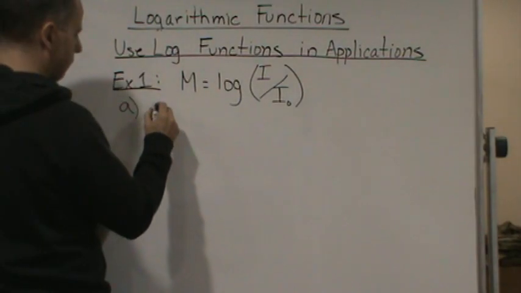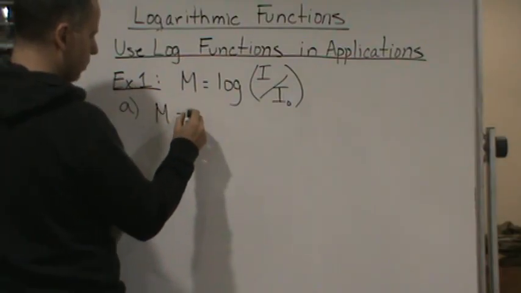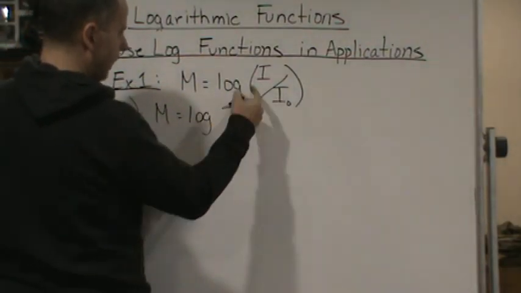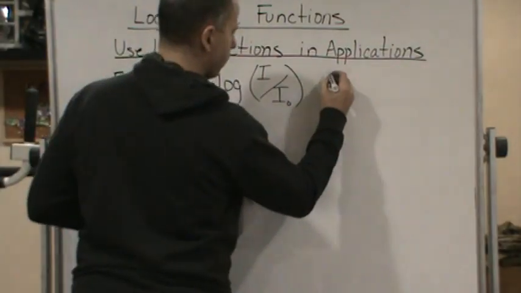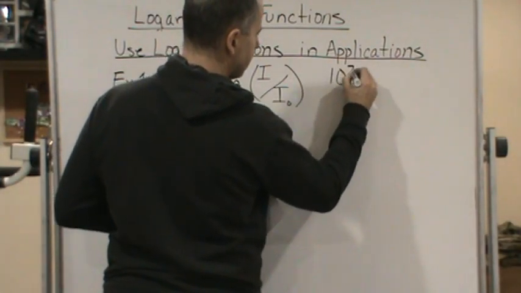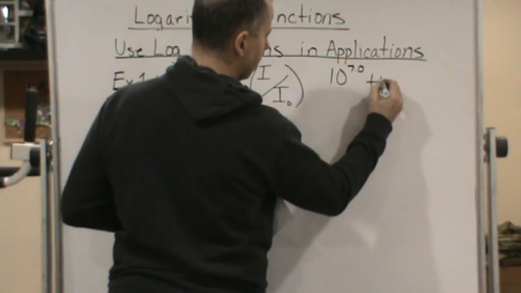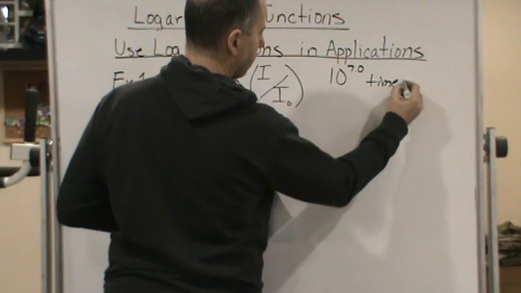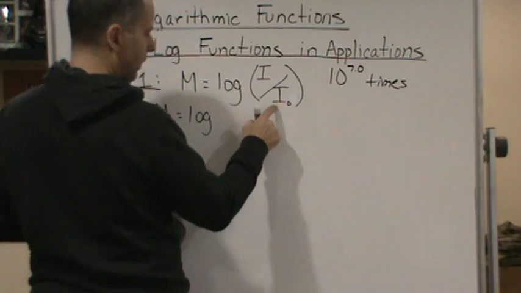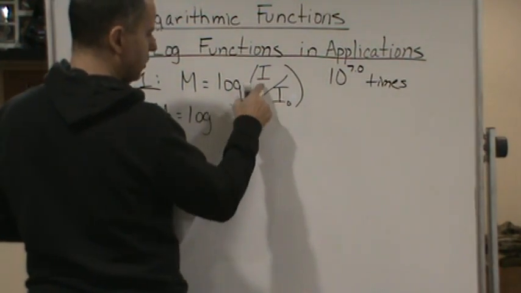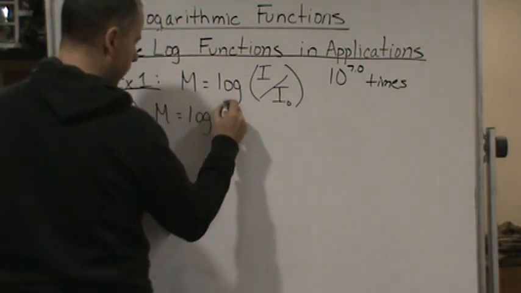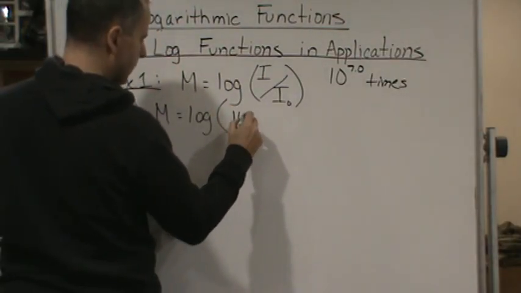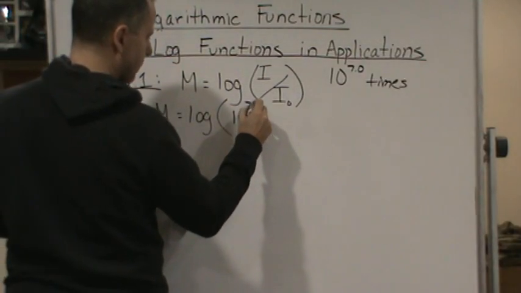So M is equal to log, and then the comparison. They said it was 10 to the 7.0 times more intense than what? Than the reference one. So that means this ratio would be equal to this. Okay, so that's what we're going to do. We're going to replace this with 10 to the 7.0.